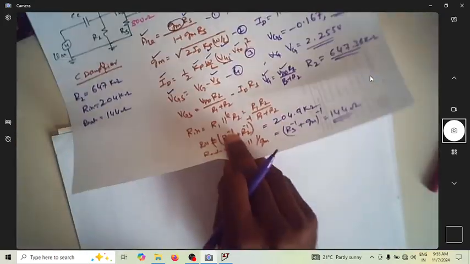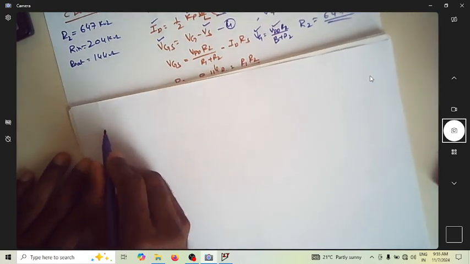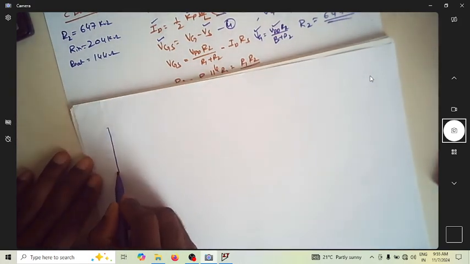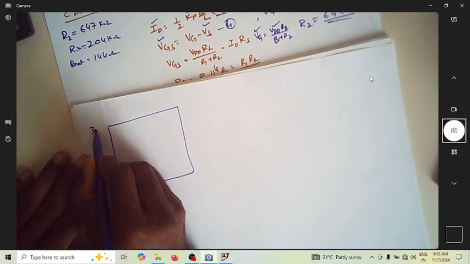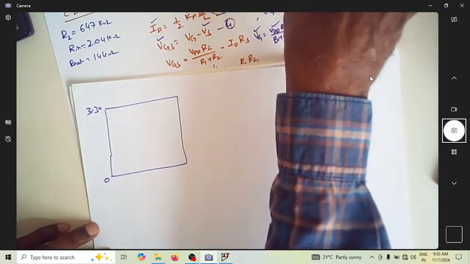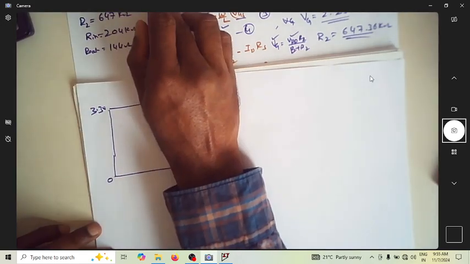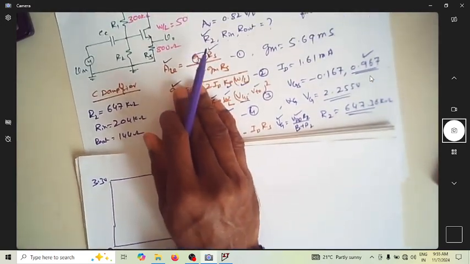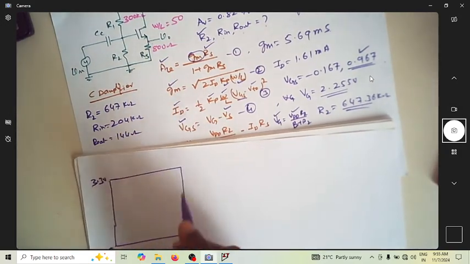So for that, let me draw. The possible swing of your output signal is from 0 to 3.3 volt, which is the maximum swing that is possible. Since the output is measured at this point, how much is Vs?